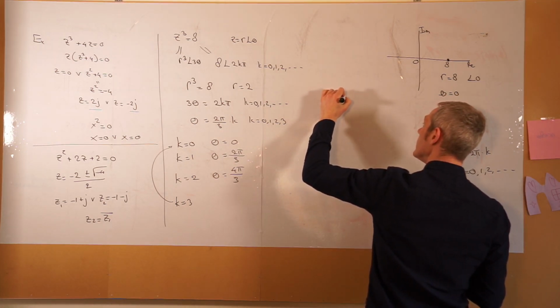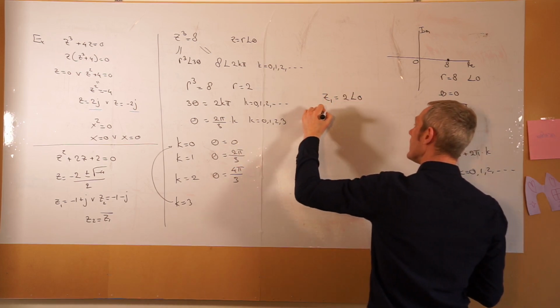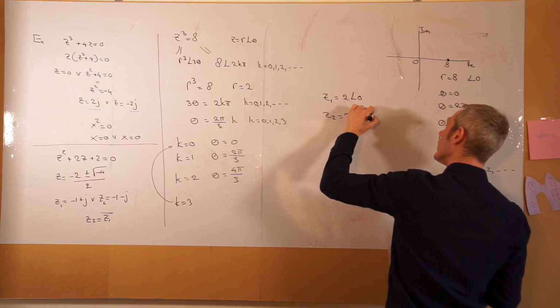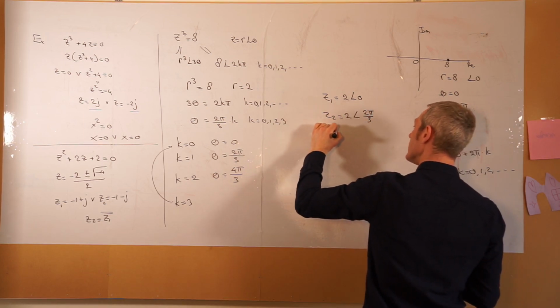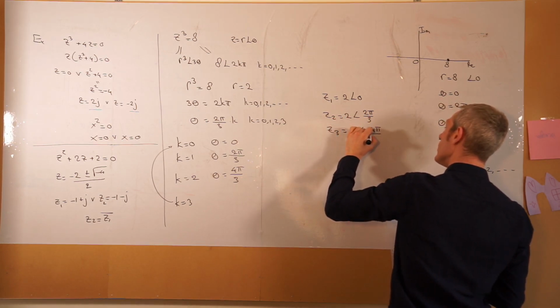Z1 is 2 with angle 0. I get Z2 is 2 with angle 2 pi over 3. And I get Z3 is equal to 2 with angle 4 pi over 3.